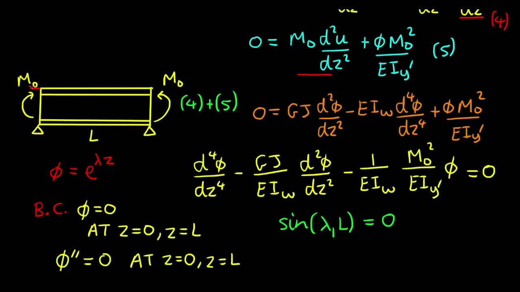So the beam can warp at the supports. And recall the condition of free warping was covered when we derived the torsion ODE.